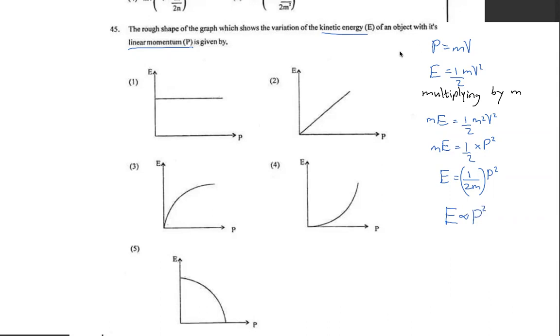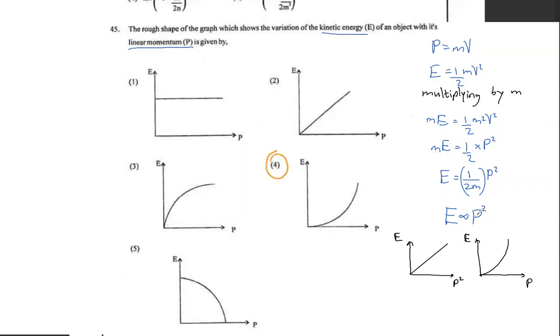When E is proportional to p squared, if you draw the graph for E and p squared, you will be getting a straight line like this. But the graph is not for E and p squared, mind you. The graph is for E and P. For this relationship for E and P, if you draw the graph, it will be curved like this. So the answer is the fourth one.